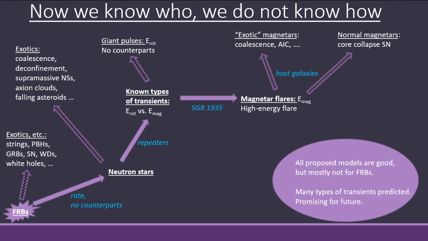Even if you follow a dull route, more or less normal neutron stars, you can discuss very interesting emission mechanisms. So still there are many interesting things to do with fast radio bursts. So we have repeaters, and we come to another crossroad.